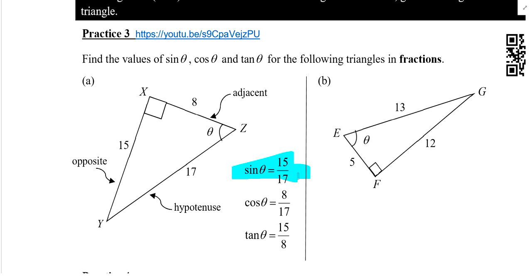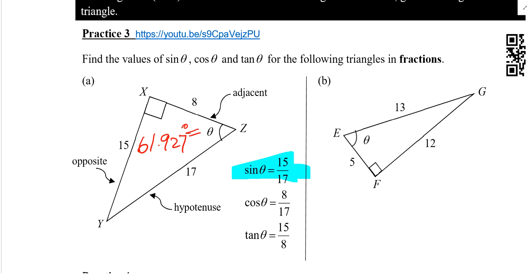Here I will get 61.927 degrees, meaning this angle theta is equal to 61.927 degrees. If I choose to use cosine, same thing, shift cosine, so now I get cosine inverse of 8 divided by 17.